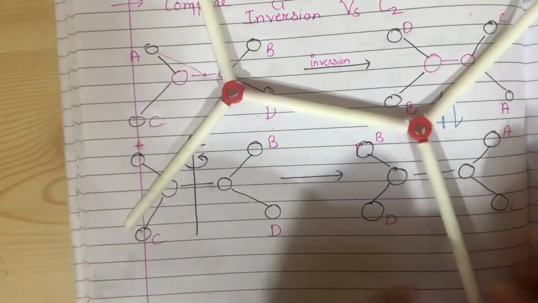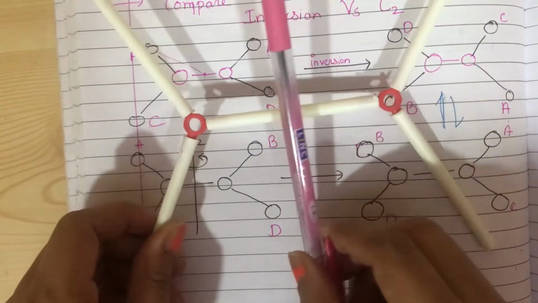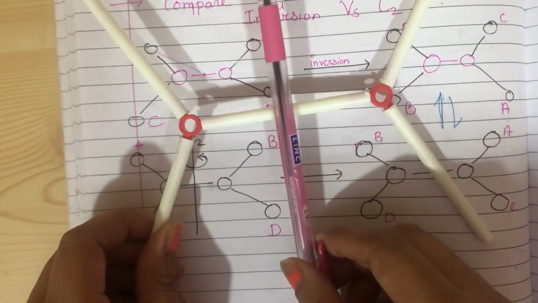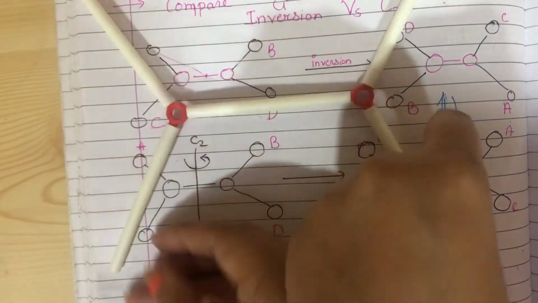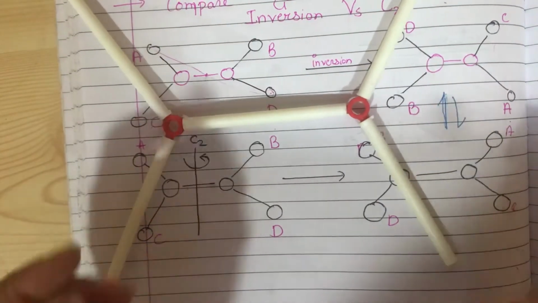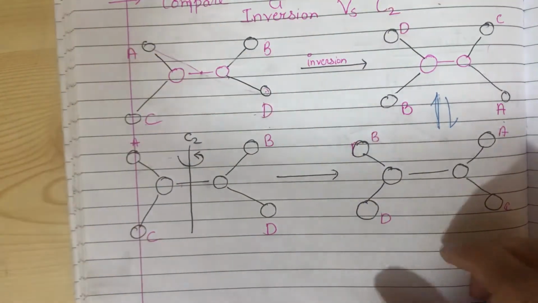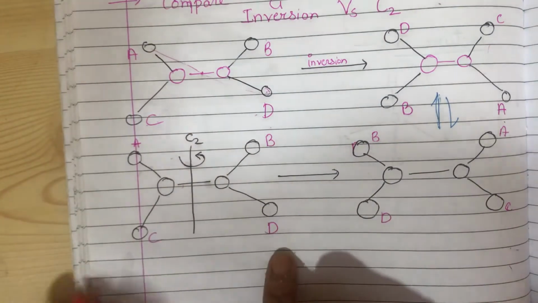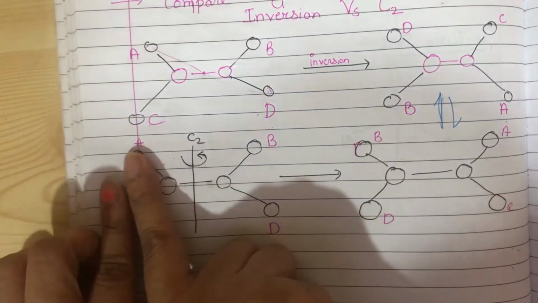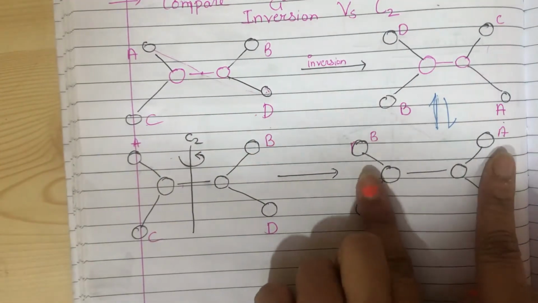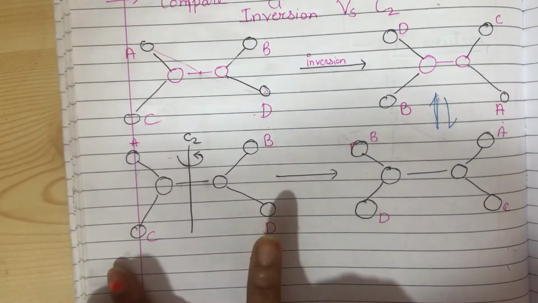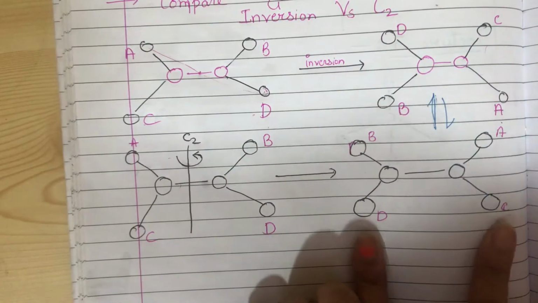Suppose this is a principal axis, you will have to rotate the molecule in this format. You will get an indistinguishable structure. If I denote it with A, B, C and D, and I give a C2 axis, your A will be flipped to the B position and B will be flipped to the A position, as you can see here, and C will be flipped to the D position and D will be flipped to the C position, as you can see here.